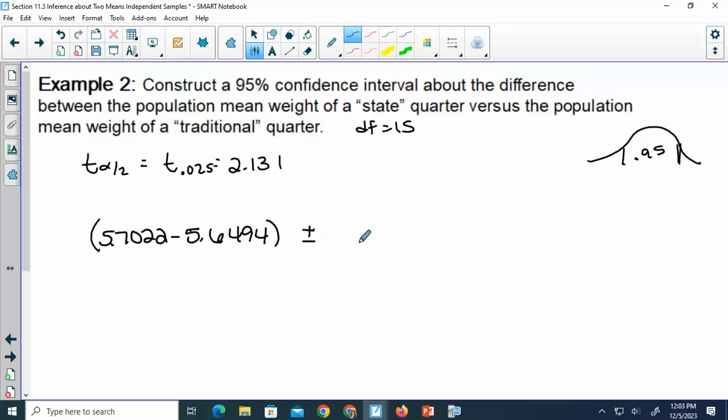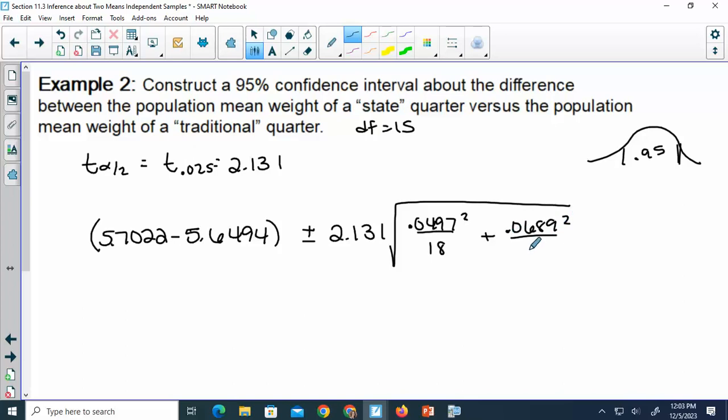I'm just going to go ahead and write plus and minus t alpha over 2, 2.131. The square root, standard deviation of the first one, squared, divided by n of the first, the standard deviation of the second one squared, divided by the number in the second.